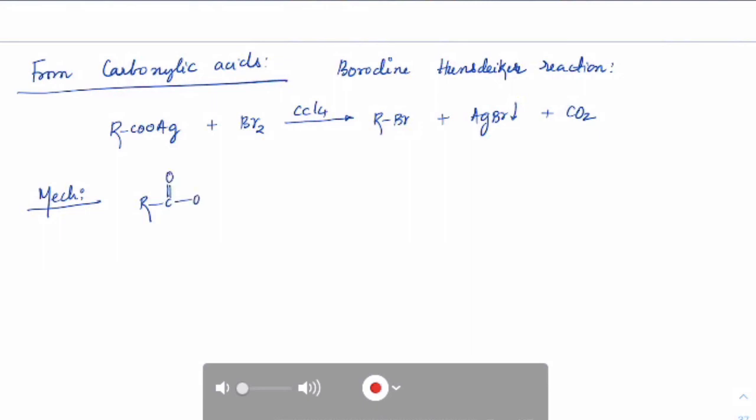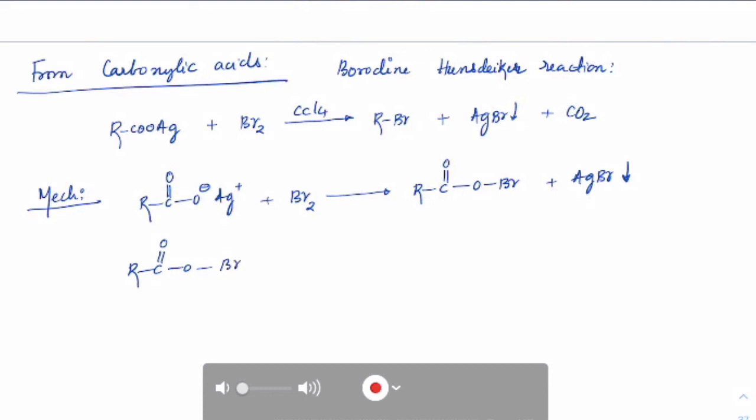You will get RCOO minus Ag plus, this is a silver salt of carboxylic acid, and treat that with Br2. As we treat that with Br2, we will get RC double bond O, OBr plus AgBr precipitate. AgBr will undergo precipitation. Now in this solution itself, we slightly heat that.